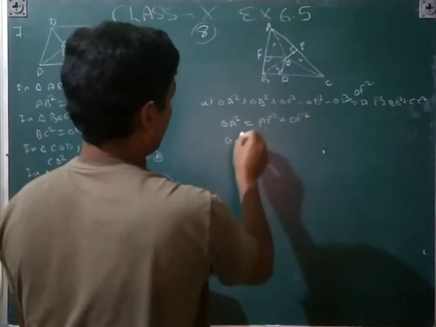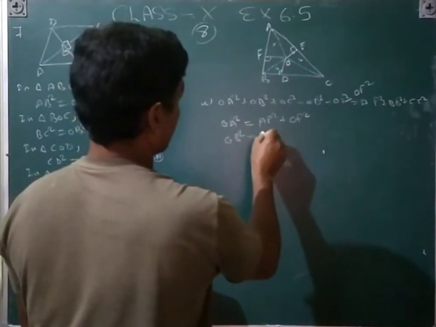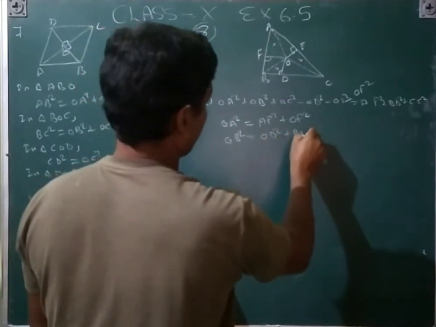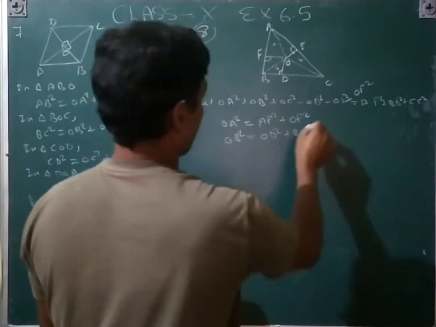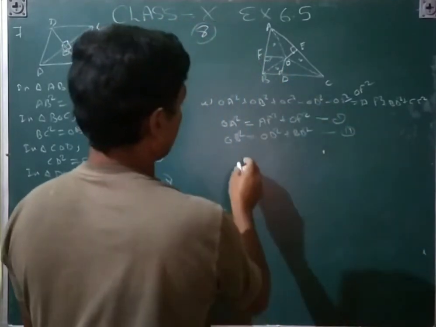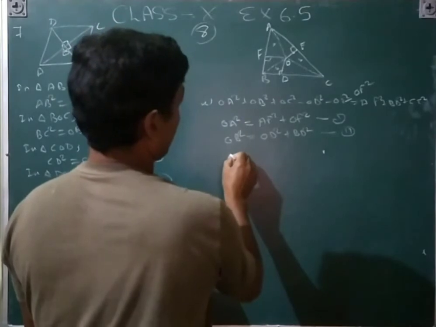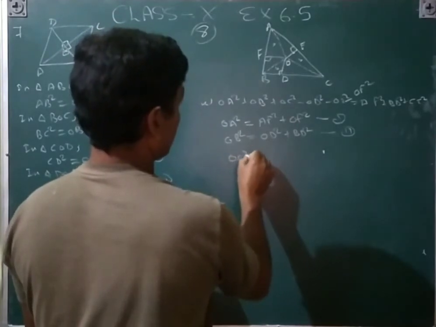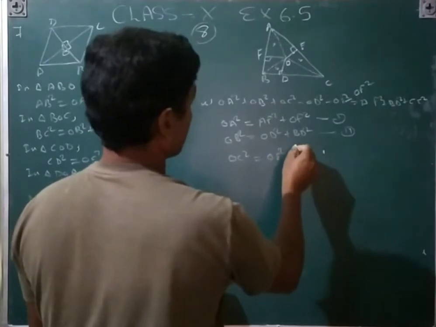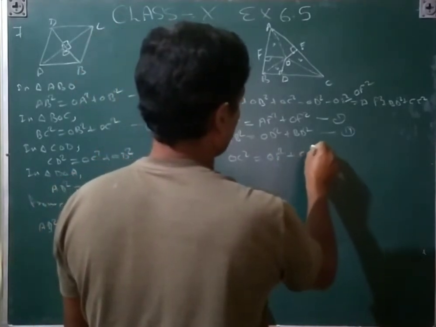For this triangle, OB square is equal to OD square plus BD square. And for the third, OC square is equal to OE square plus CE square.